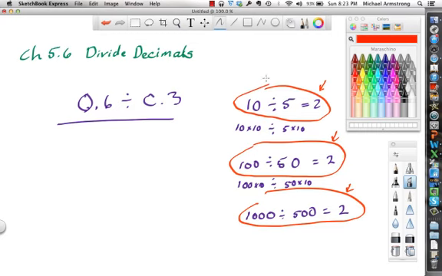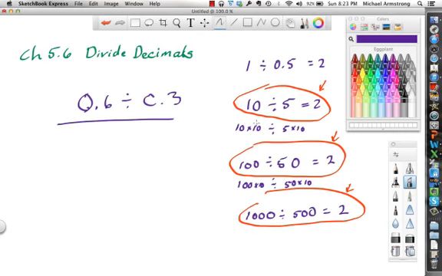Okay, now if I were to change this up, let's see if I can find the same color, and do 1 divided by 0.5. So basically I divided this by 10, so this is 10 times smaller. 10 times smaller than 10 is 1, and 10 times smaller than 5 is 0.5. This would be equal to 2 also. 2 times 0.5 is 1.